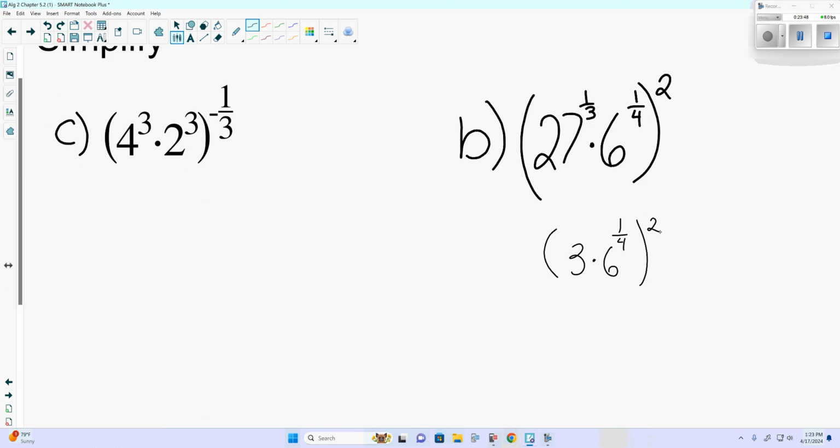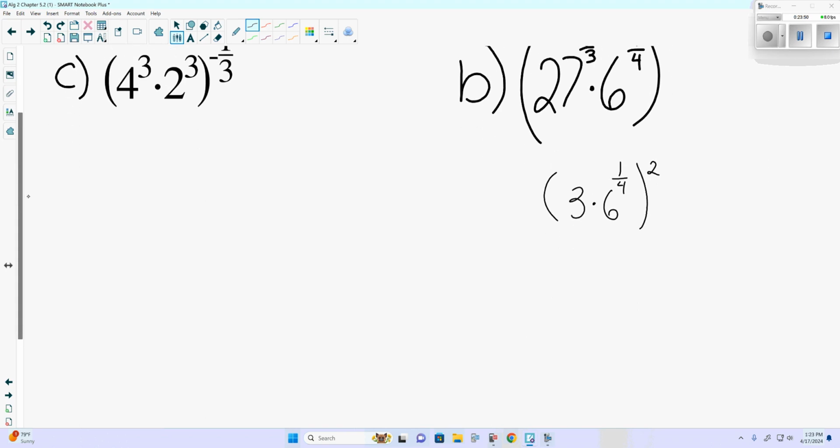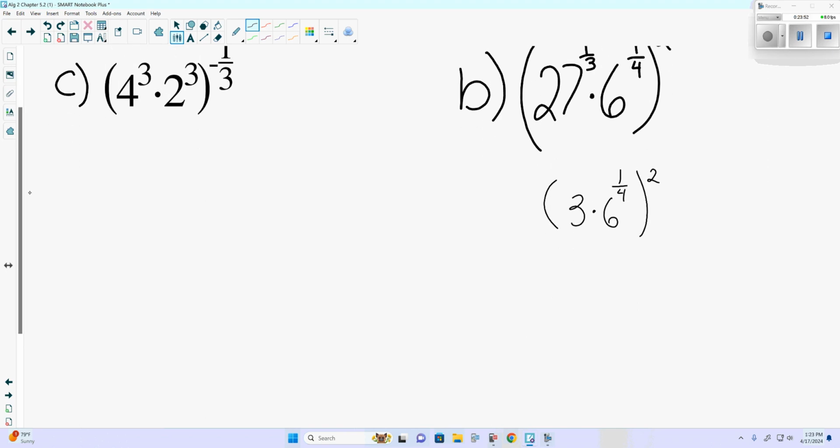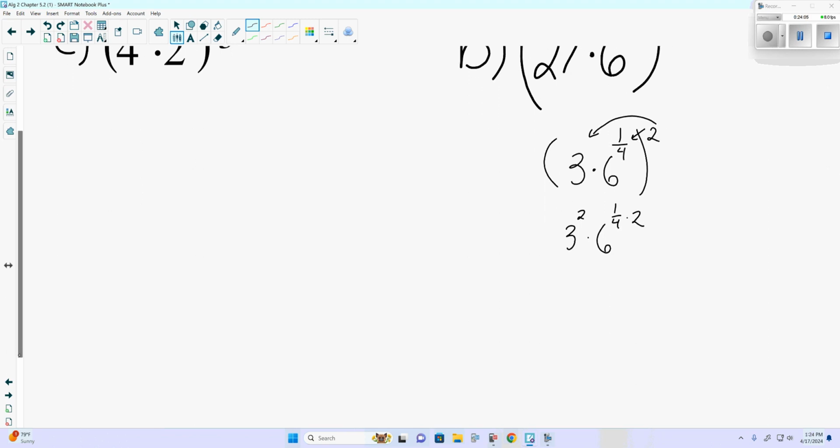So it works out this one here, we could simplify from the get-go. This leaves us with 3 times 6 to the 1/4. Powers of powers multiply. So we'd have 3 squared times 6 to the 1/4 times 2. Now what is 3 squared? Oh, that's 9.